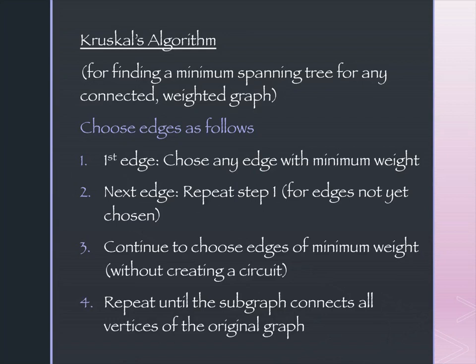The nearest neighbor algorithm was not guaranteed to give us the best option, but it was mighty efficient. Right? It didn't take very long. It got us a pretty good estimate. It's what your phone does when it tries to get you from one place to the next. This one's kind of the best of both worlds. It's very efficient, it's very quick, and it's guaranteed to get you what you want. Okay? So it's got good features to it.